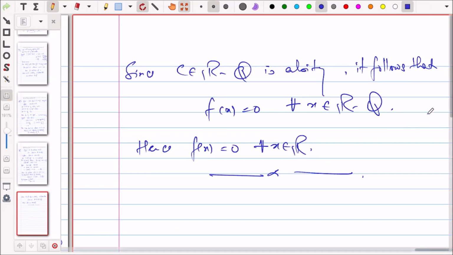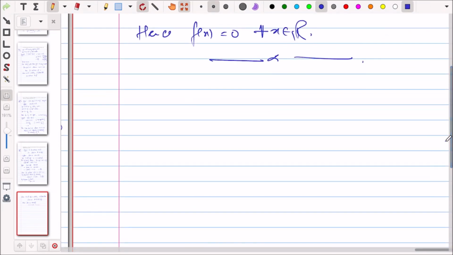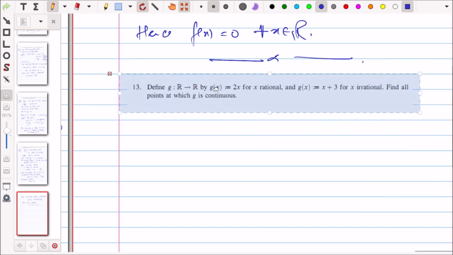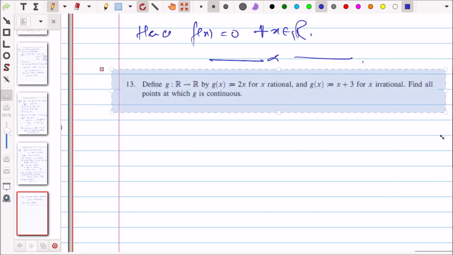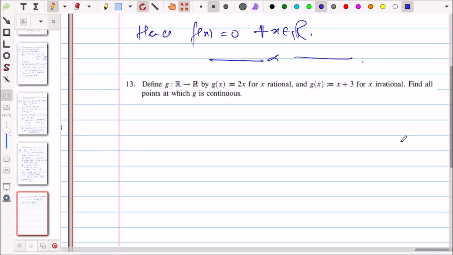This is also a Dirichlet type of question, so we will use almost a similar argument to what we used now. So we are given a function g(x).